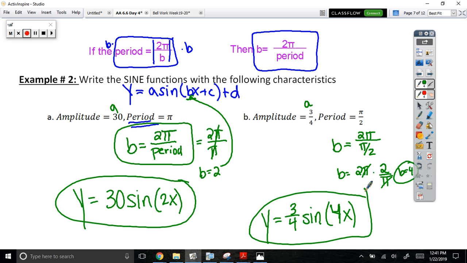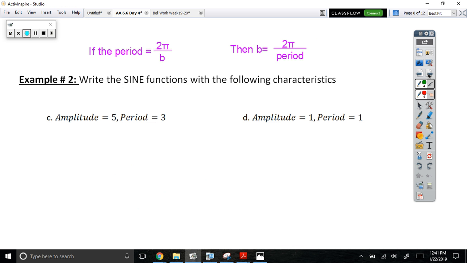Let's just do C, and we'll skip D. I think some of these they leave, pi ends up getting left in the answer. And that can happen sometimes. Okay, so notice the periods that they're giving us don't have pi's in them, which is strange, but it can happen. So, when we're finding our b value, we'll have 2 pi divided by 3.